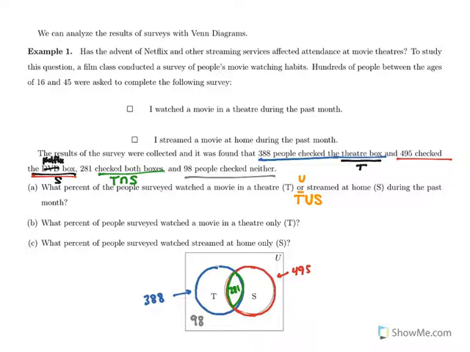What percent of the people surveyed watched a movie in a theater only? So that's going to be this, we'll just label it in the picture. This little crescent moon shape here is T only.